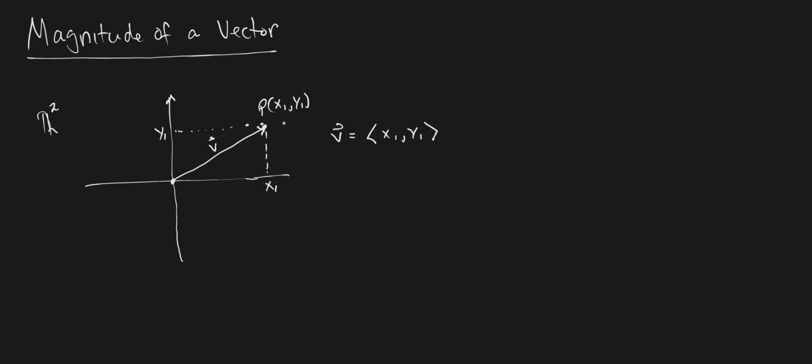Now the magnitude. What we're going to use to represent the magnitude of this vector is the length of the line segment. Remember, a vector is a directed line segment. So we define the magnitude of v.